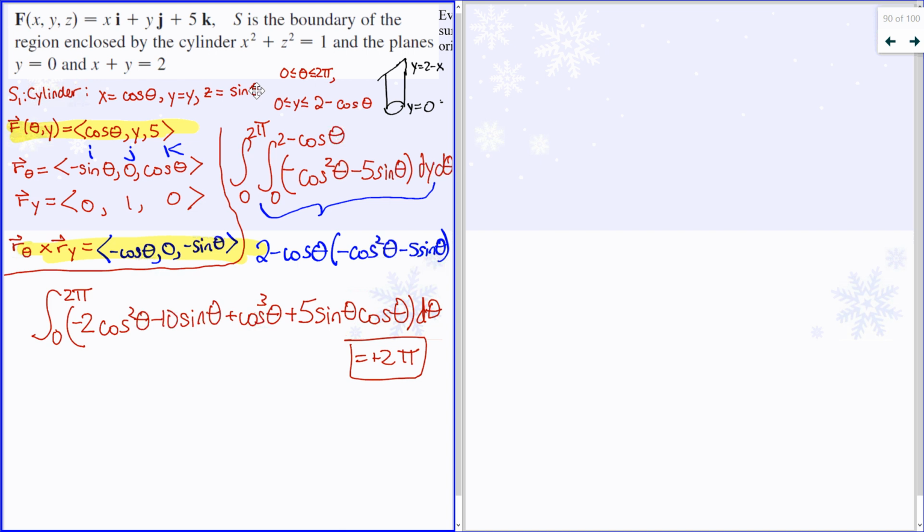So that's the cylinder part, the part that wraps around the oatmeal container. I have the sides, I need the top and the bottom now.